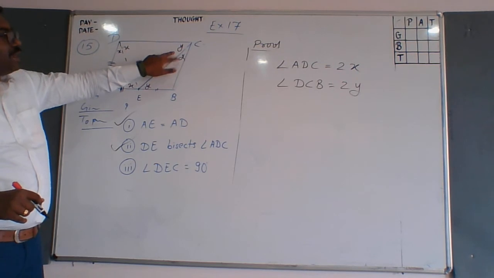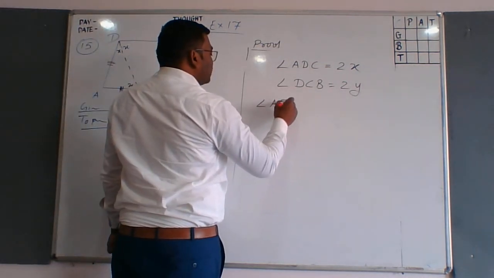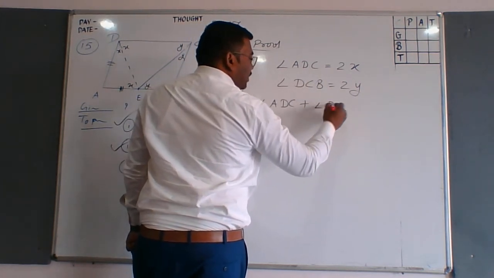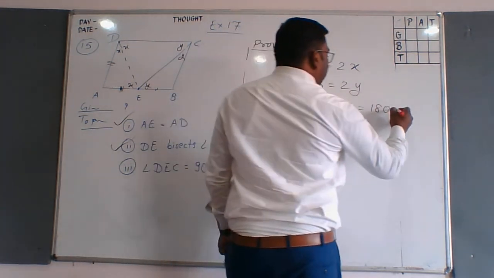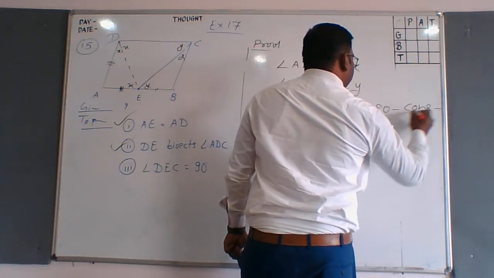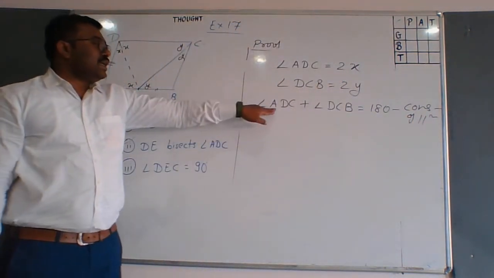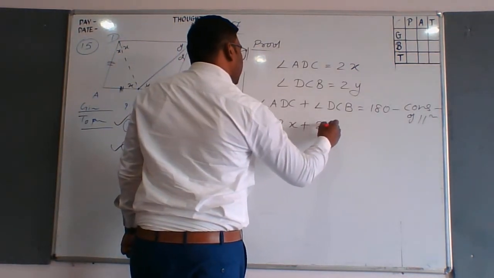DCB, y and y, that is 2y. But these two are the supplementary angles. Angle ADC plus angle DCB equals 180 degrees. Reason is consecutive angles of parallelogram. Correct? So we know that ADC is 2x, DCB is 2y.